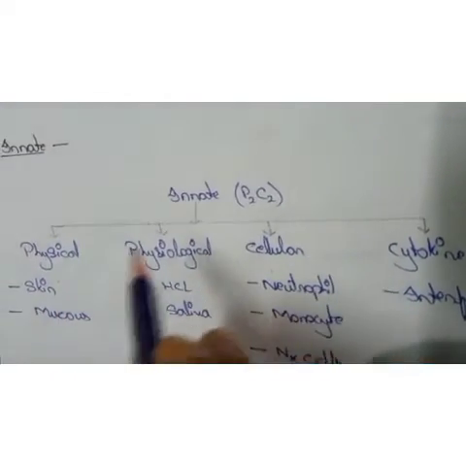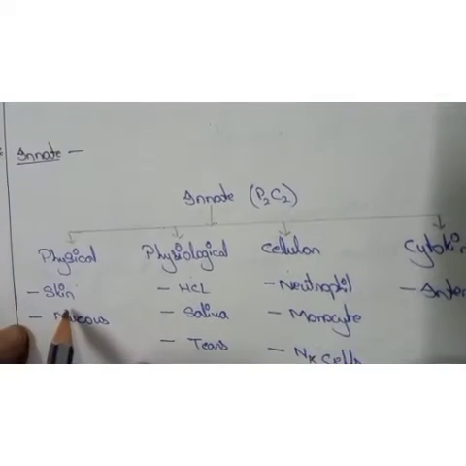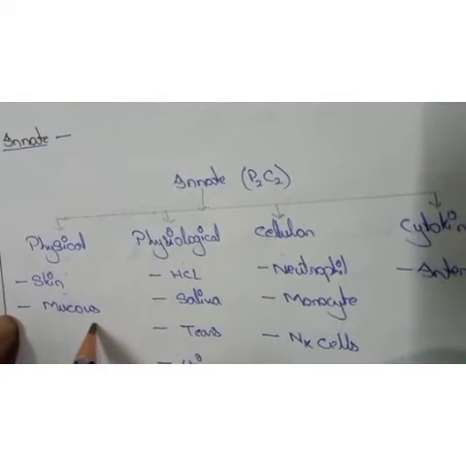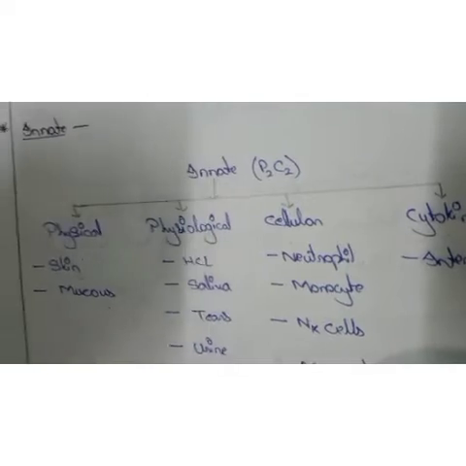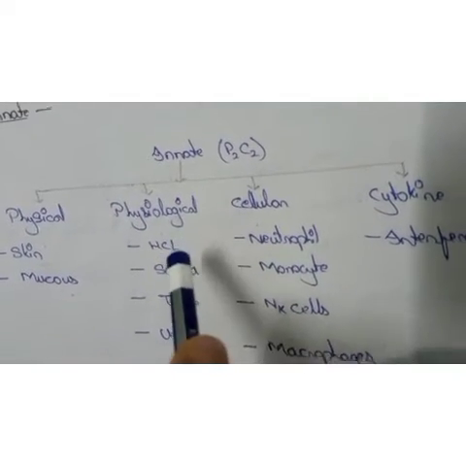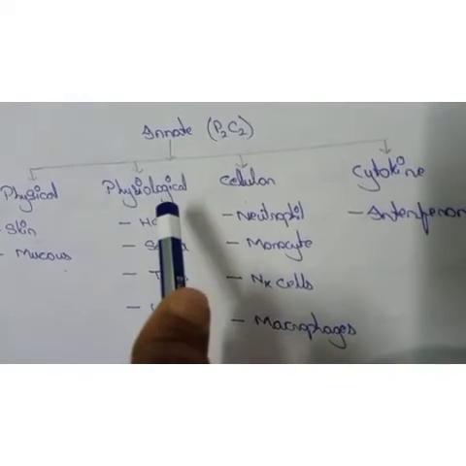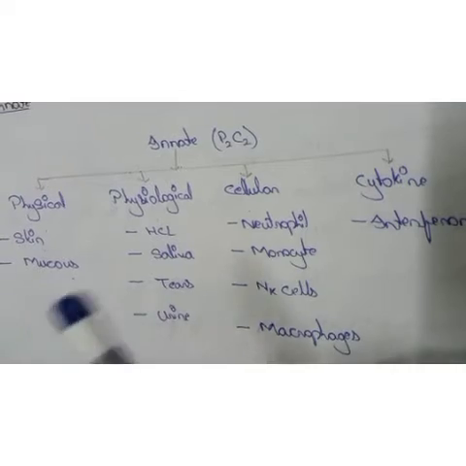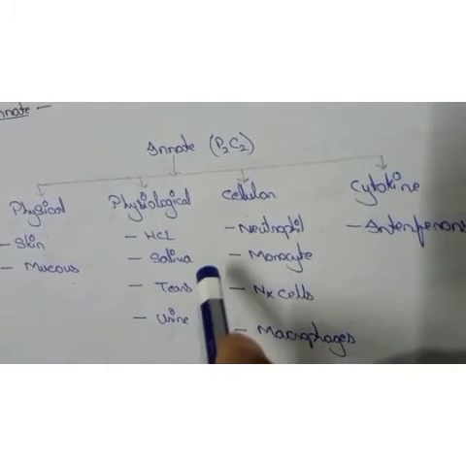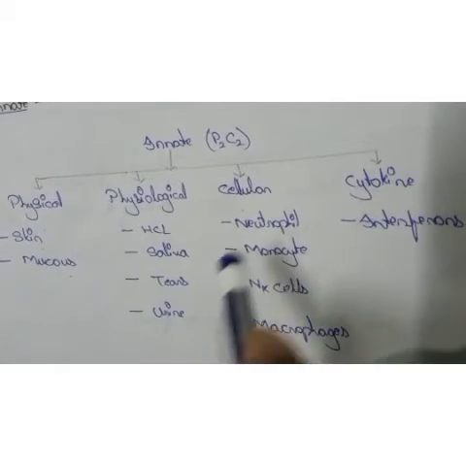In physical immunity, meaning innate immunity, there is skin and mucus. In physiological there is HCl, saliva, tear and urine. HCl is secreted in the stomach, saliva in the mouth, tear in the eyes and urine in the urinary bladder.